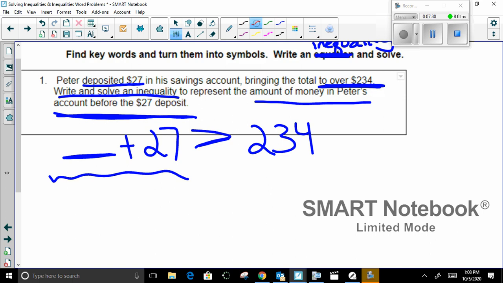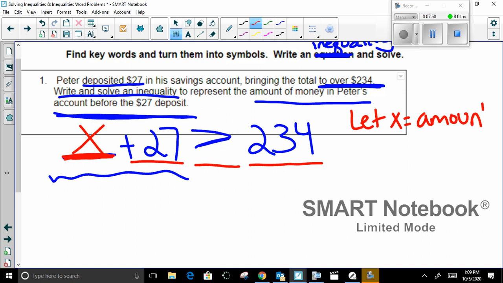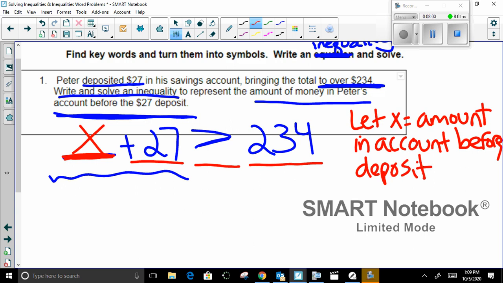But I have no clue how much was in there before I added the 27 to make it more than 234. So I'm going to let x equal amount in account before deposit.